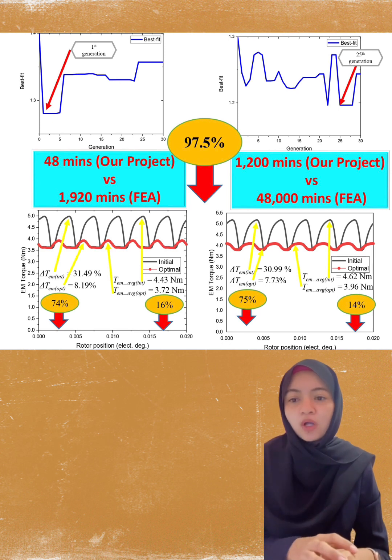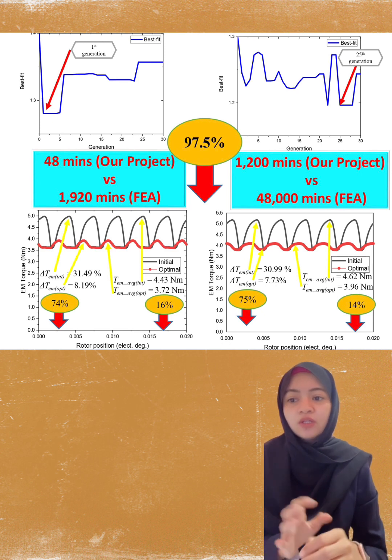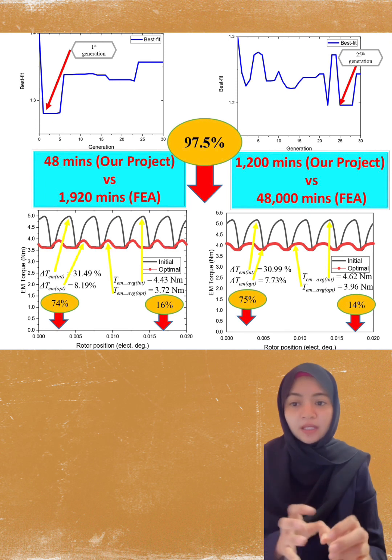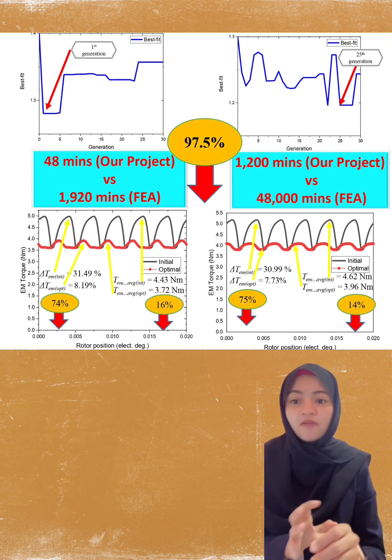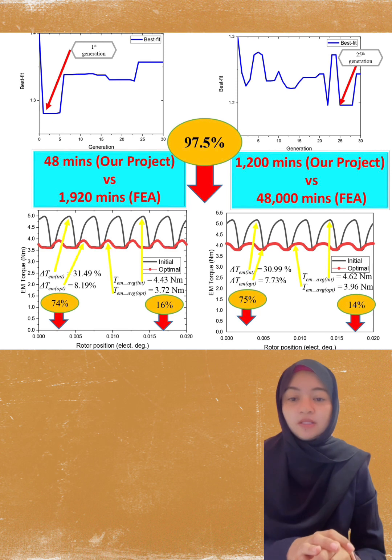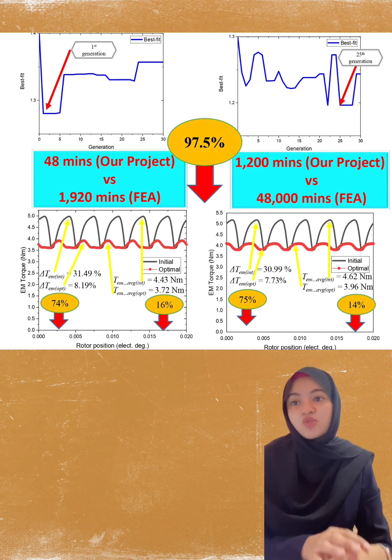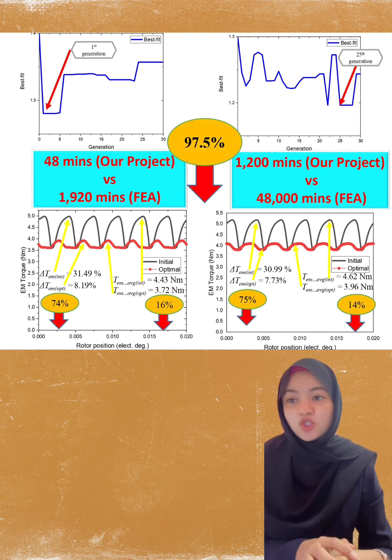Even though the magnet pole arc is decreased about 30%, the decrement of average electromagnetic torque is 60%. This is because when the magnet pole arc is reduced, the average electromagnetic torque is reduced. By reducing the magnet and steel material, it can reduce the cost of implementation so that the PM motor becomes lighter. Same as well for the parallel magnetization pattern.